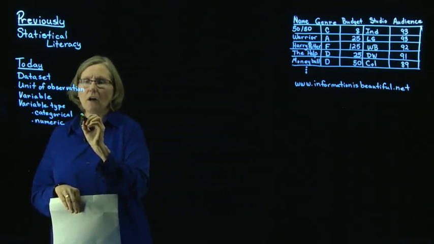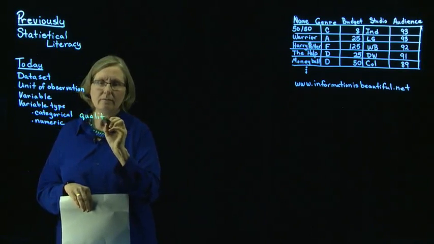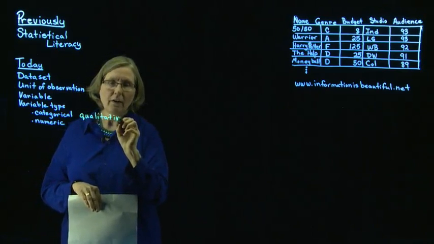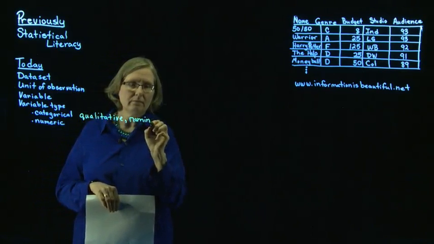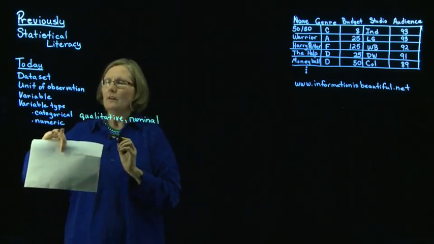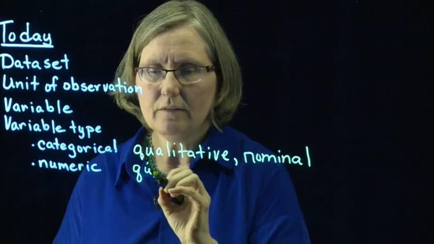Categorical variables are also sometimes called qualitative. They're also sometimes called nominal. Numeric variables are sometimes called quantitative.